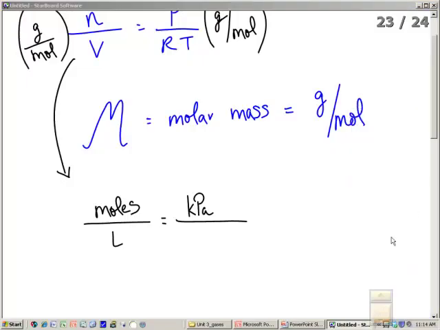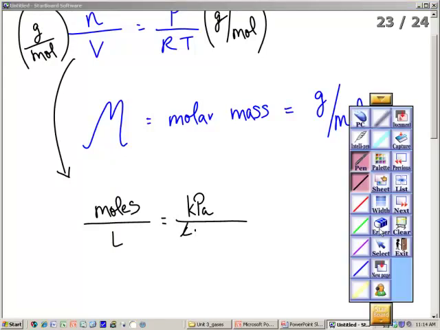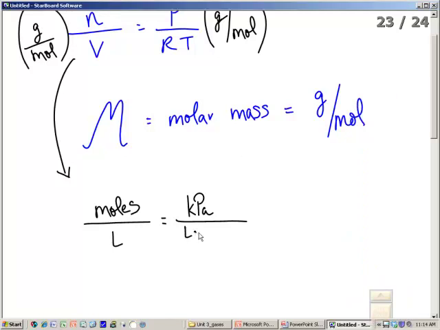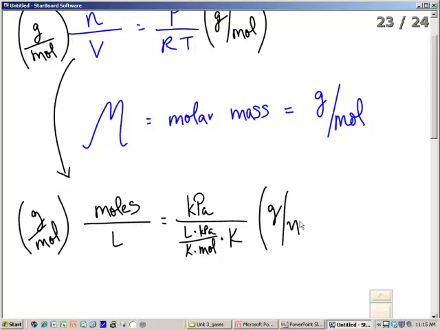There. So this is liters times kilopascals per Kelvin mole, and then over T, which is Kelvin times T. Yeah, there we go. And then you are sitting over here multiplying by grams per mole.